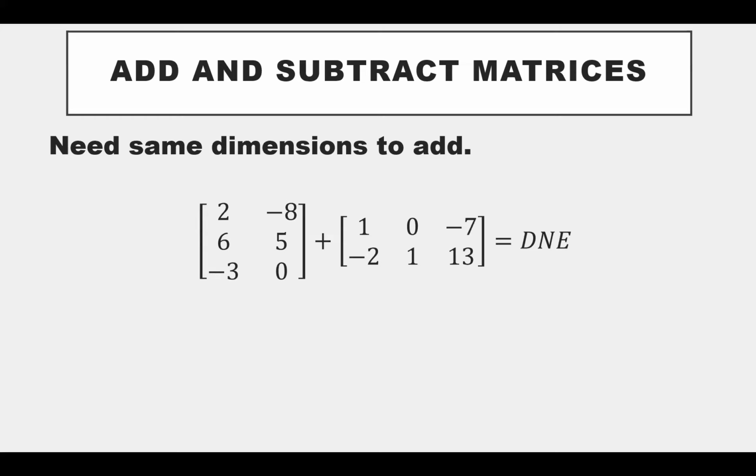So in a case like this, we don't try to add 2 and 1 and try to make some other dimensions up. We just say these don't have the same dimensions, therefore adding is not a possibility. Or the sum does not exist.